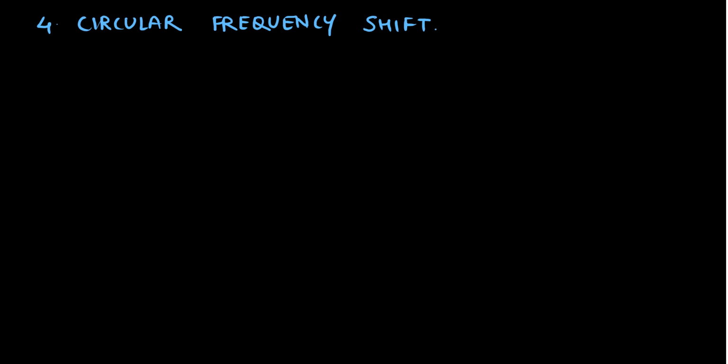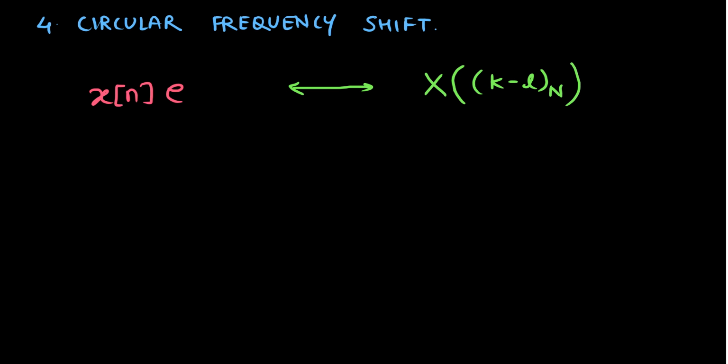Now if we go for circular shift in the frequency domain, that is if we shift the discrete Fourier transform circularly, that is X of k minus L modulo n, then the change in the time domain is quite similar, that is the time domain signal x of n also is scaled by the complex exponential e to the power j 2 pi n L by n, but now with a positive sign.